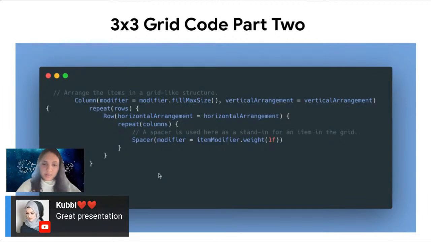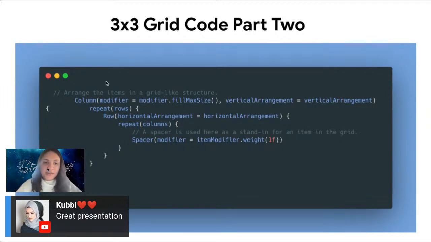And then we repeat the columns. And then we use a spacer just to stand in for each item in the grid. We used a spacer with an item modifier of weight 1f within this grid.